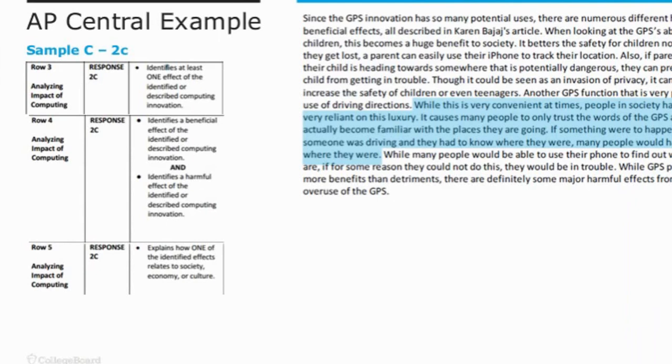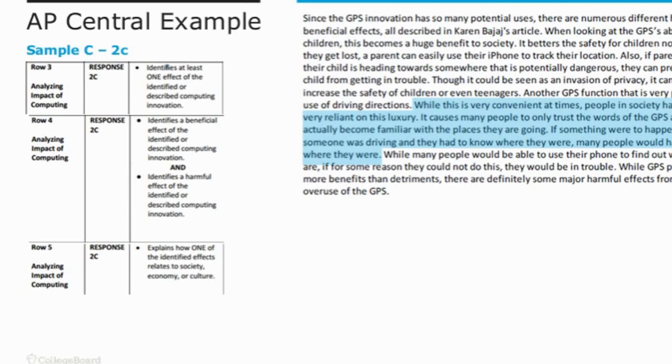The harmful effect, it's a little bit subtle the way the student does this, because they say, while this is very convenient at times, so it's the positive, then they make the switch. People in society have become very reliant on this luxury. I would caution students, if they're going to write this way without calling it out as a harm, to be very, very careful that they have done it in a way that really does convey their meaning that this is now harmful.